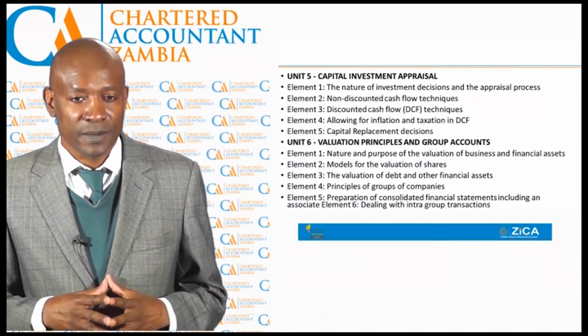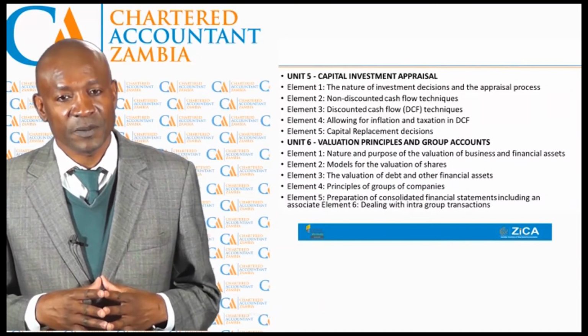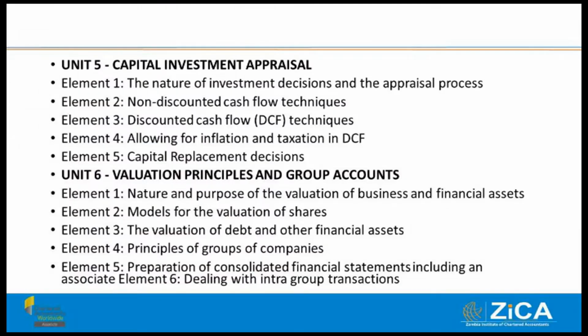Continuing with the detailed syllabus. Unit 5 covers investment appraisal techniques, and in this module of the syllabus, you have discounted cash flow techniques, and then how you factor in inflation and taxation in investment appraisal.